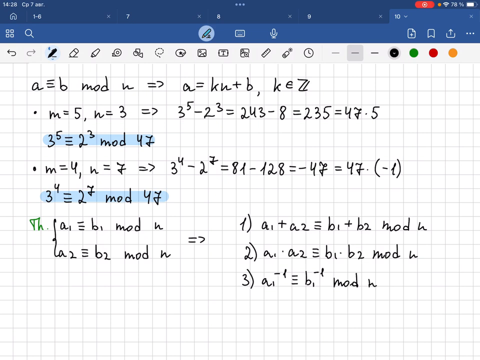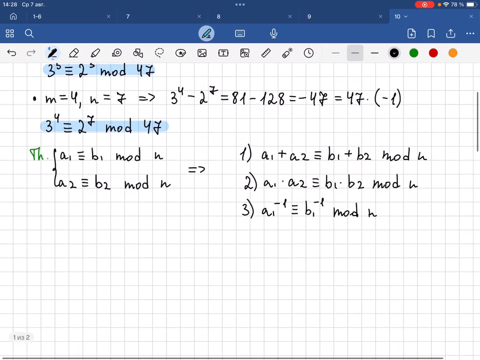We can also say the same thing about the pair a2, b2.